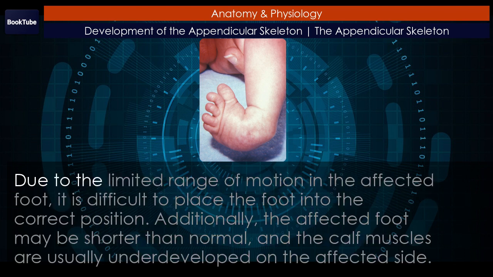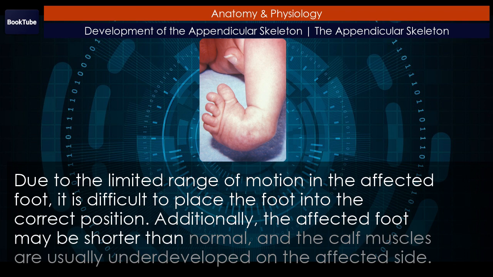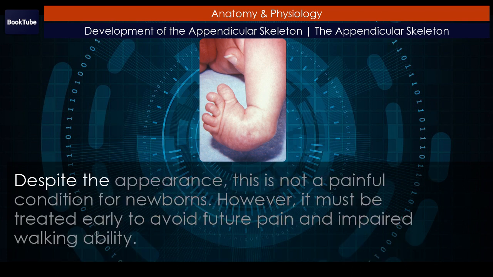Due to the limited range of motion in the affected foot, it is difficult to place the foot into the correct position. Additionally, the affected foot may be shorter than normal, and the calf muscles are usually underdeveloped on the affected side. Despite the appearance, this is not a painful condition for newborns. However, it must be treated early to avoid future pain and impaired walking ability.